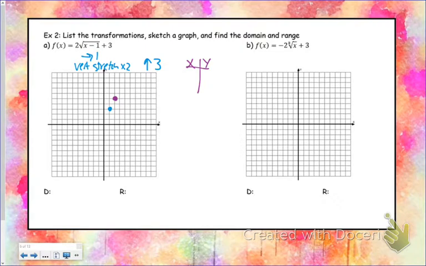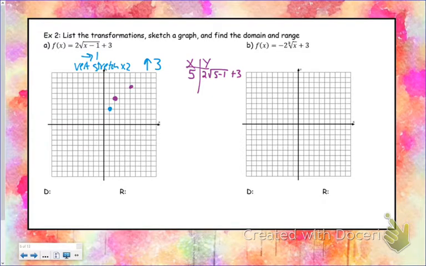A point that I'm going to want to pick instead would be 5, because this would be 2 times the square root of 5 minus 1 plus 3. So this would give me 2 times 2 plus 3. So 4 plus 3, 5, 7.